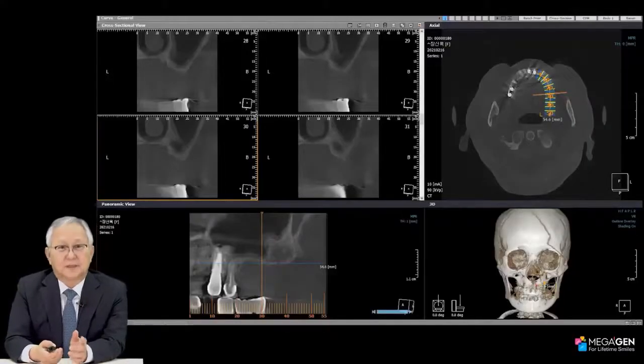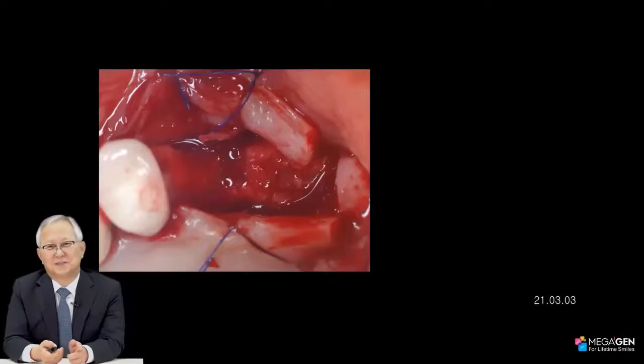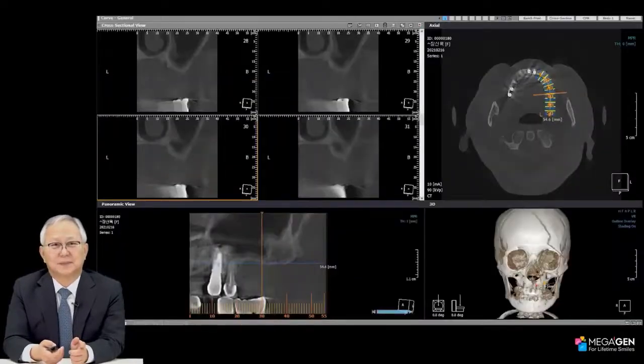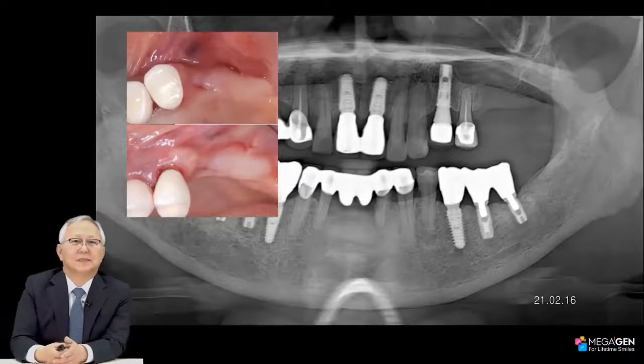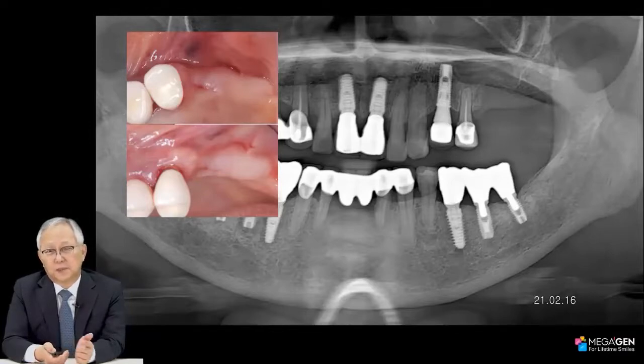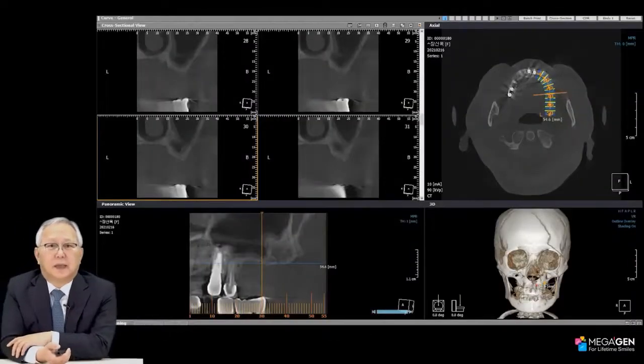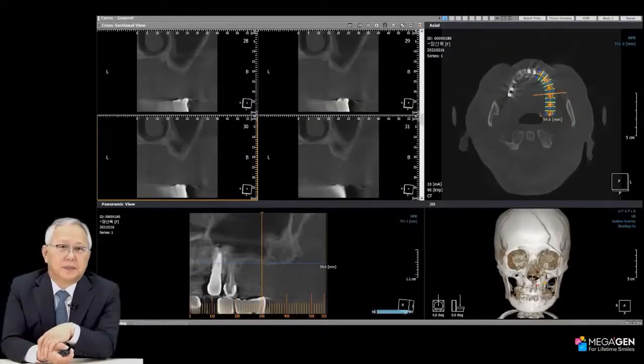Yeah, this is another point, a complication with the Densah Bur. Let's see this. The teeth were extracted because of periodontitis. Then soft tissue was healed. The crestal bone was still quite irregular, and the available bone was not enough, only about 2 millimeter.